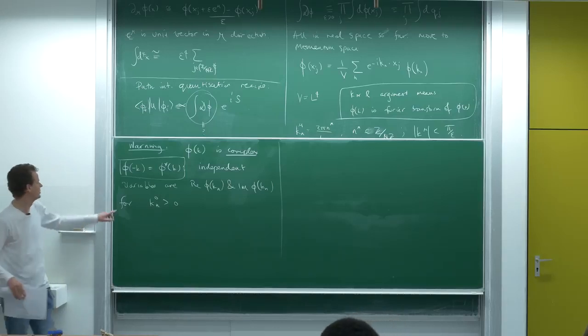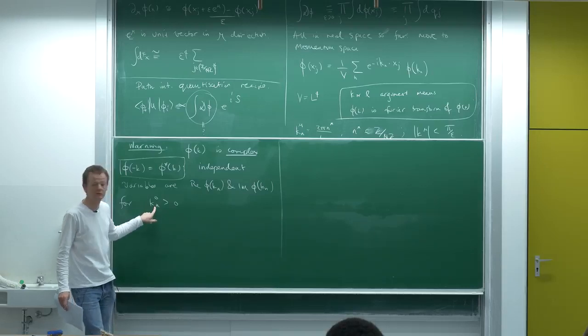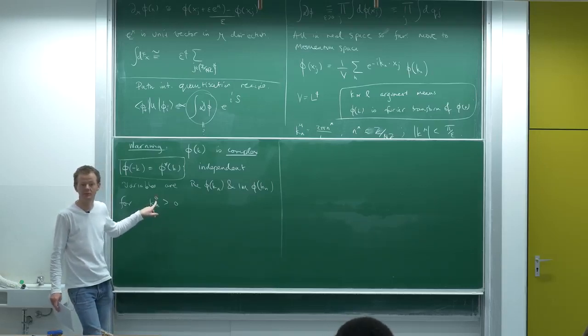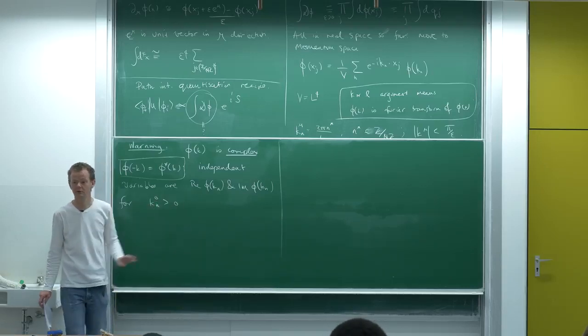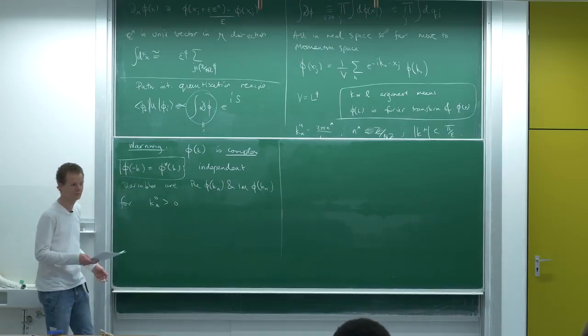So our independent variables are the real parts and imaginary parts of phi, but only for those k_n's where the time component is greater than 0. That solves this constraint here.